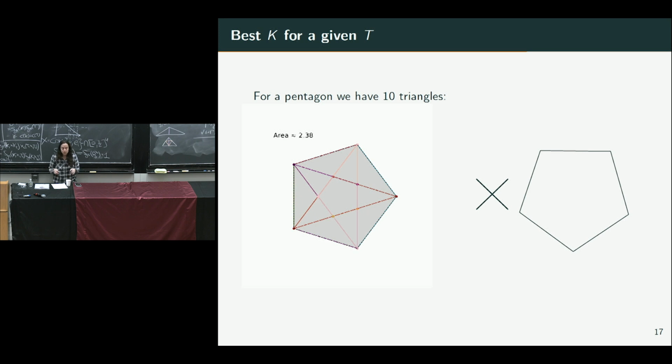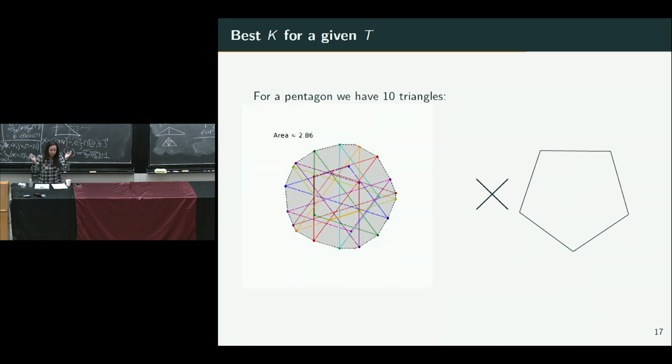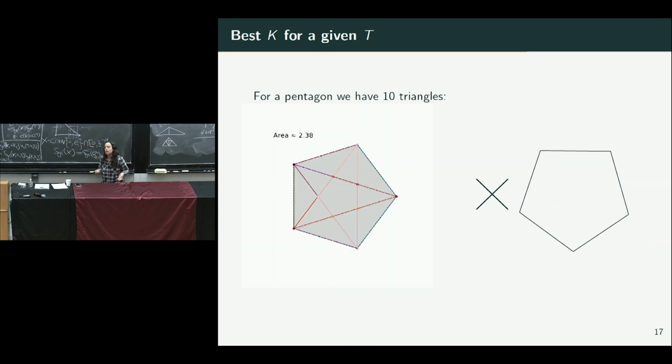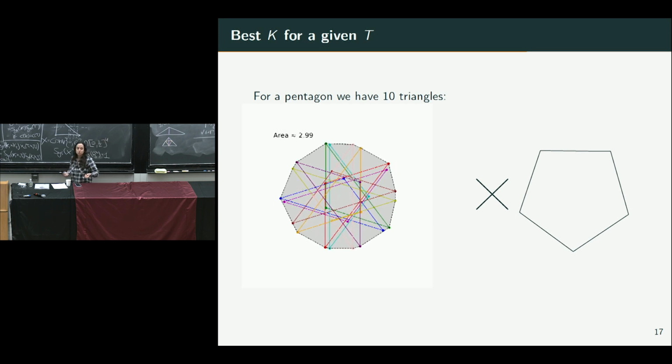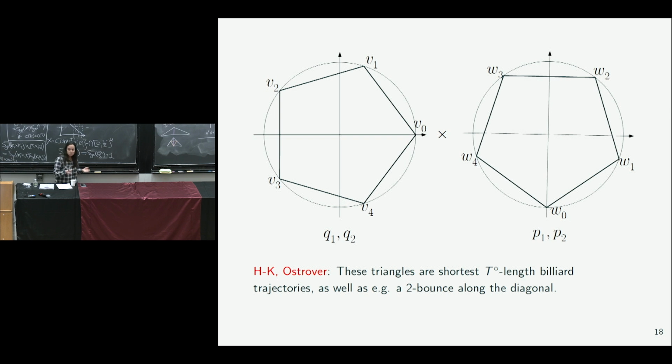And when we do an analysis of the areas and then the actions that one gets in this case, this turns out to be a counterexample to Viterbo's conjecture. So indeed, the product of the pentagon and the pentagon rotated by 90 degrees is a counterexample to Viterbo.